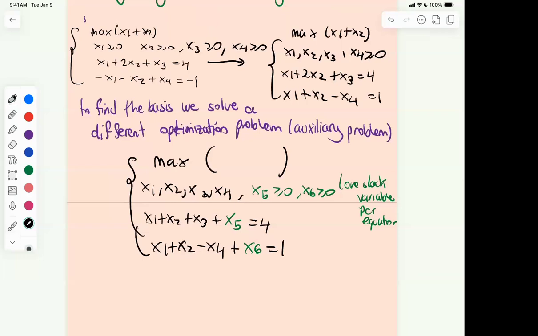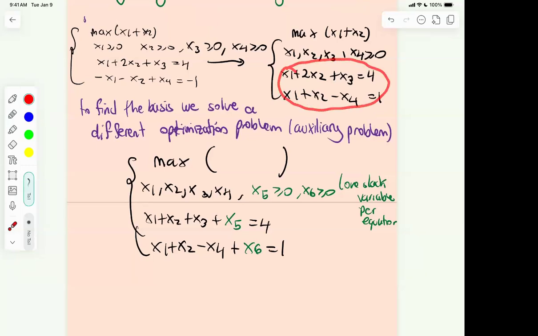Okay, so again, I'm adding the slack variables, and here's the thing that can be confusing, and actually this is related to the function that we're optimizing. Because again, what am I trying to do? What I'm trying to do is find a solution to the original equation, which happens to be feasible, where all these inequalities are satisfied.